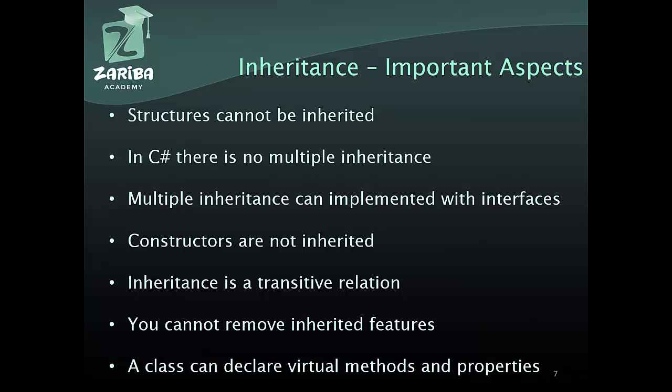You cannot choose the methods that you want to use and the ones that you are not going to use. If you have problems with it, then you have to rethink your architecture. Maybe split one of the more abstract classes into two, or split them into interfaces if you want to, and so on. So there are ways around it, but if you have this problem, that means that you have to change something in your architecture.